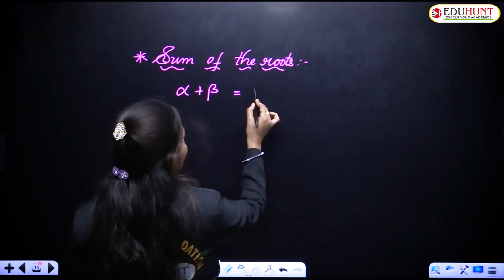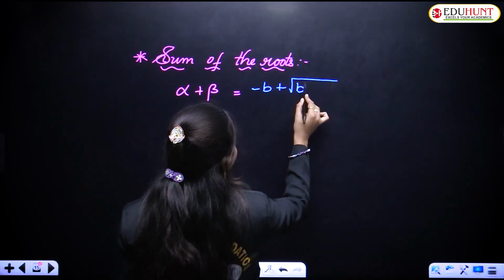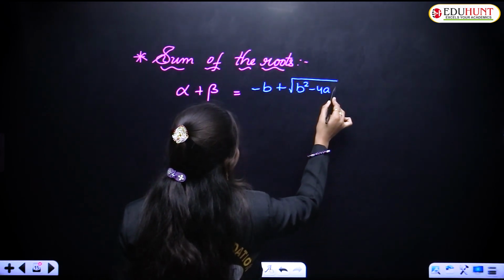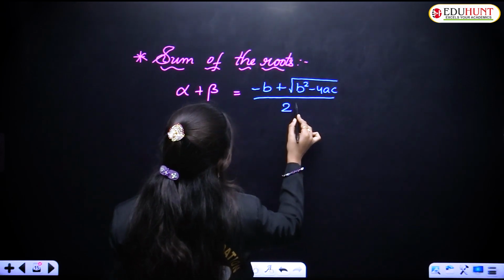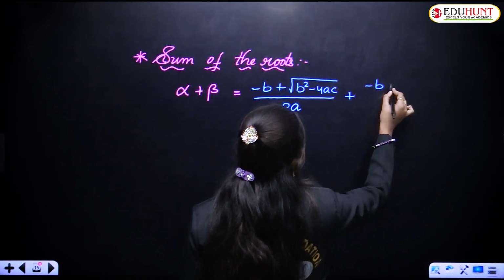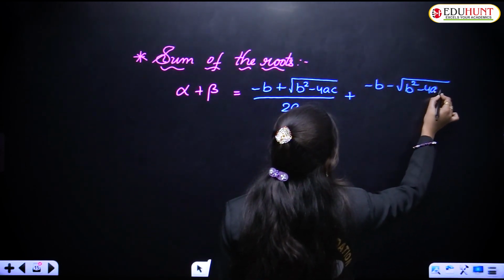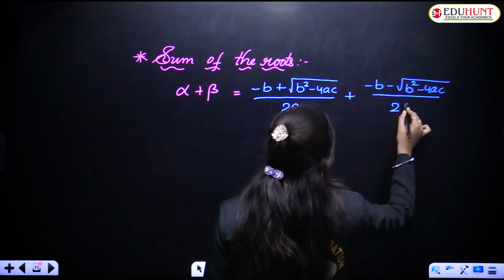Alpha is equal to minus b plus square root of b square minus 4ac by 2a, plus beta is equal to minus b minus square root of b square minus 4ac by 2a.